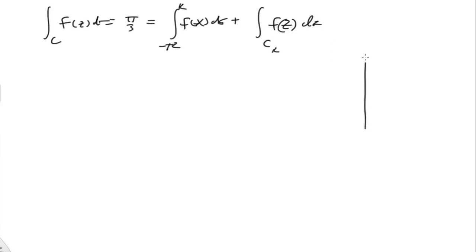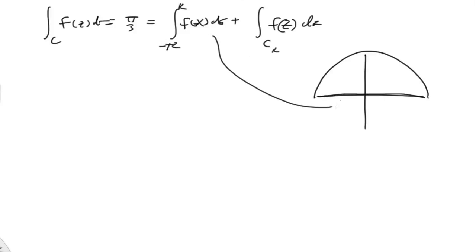Of course, let's write that out again. So that is this part right there, and that's the principal value integral that we're going to take the limit of, and that's going to be our CR, this outer one, right? Okay, and our roots are right there.